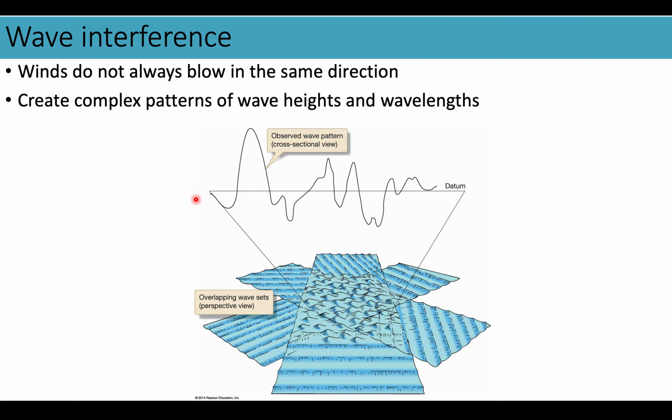So you'll see this wave pattern here because we have 3 different swells coming in, caused by 3 different wind directions. Where these meet, you end up with a really messy looking pattern of waves. So wave interference can create something very unusual looking, a really complex combination of different waves.